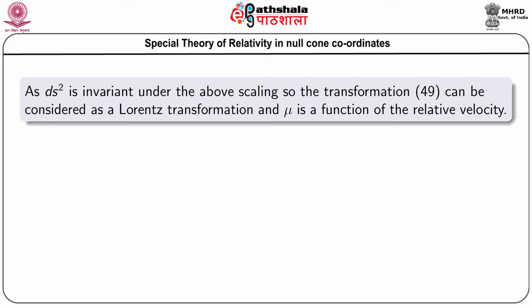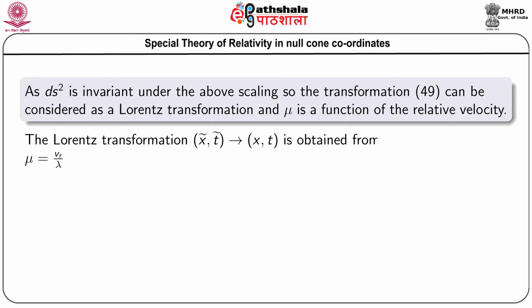Now, as ds² is invariant under the above scaling, the transformation can be considered as a Lorentz transformation, and μ is a function of the relative velocity. The Lorentz transformation x̃, t̃ from x, t is obtained from 42, considering μ as V_r by λ.